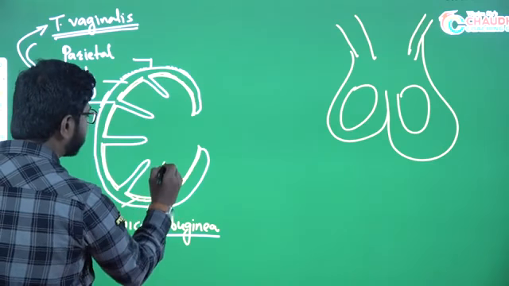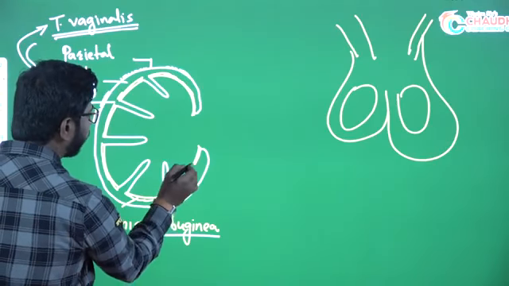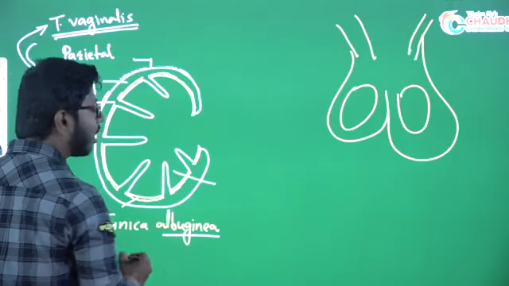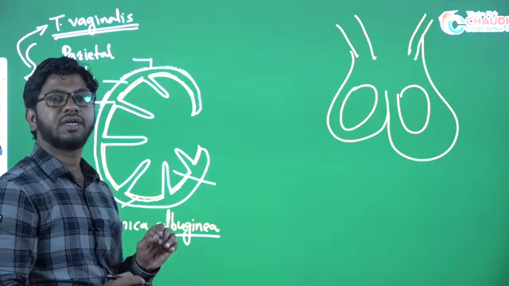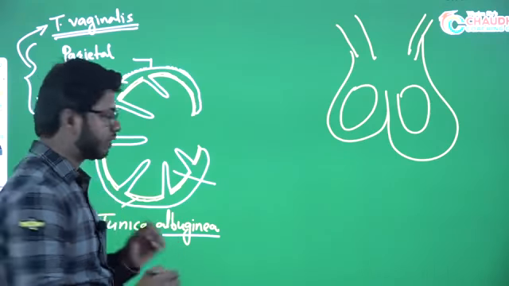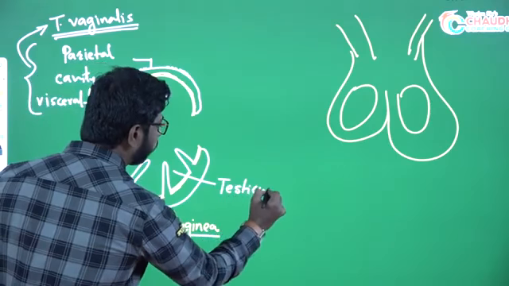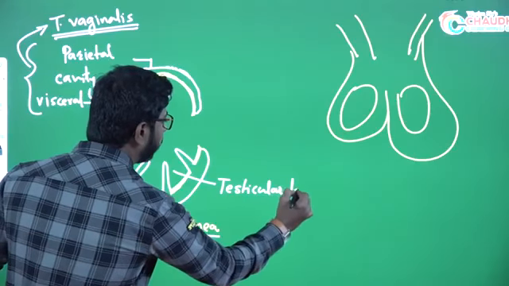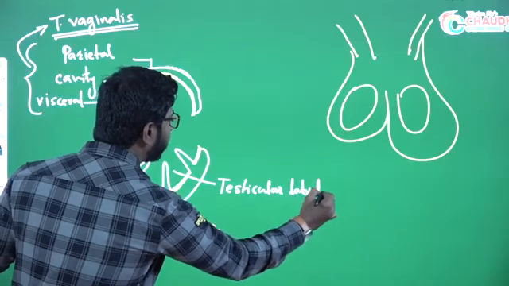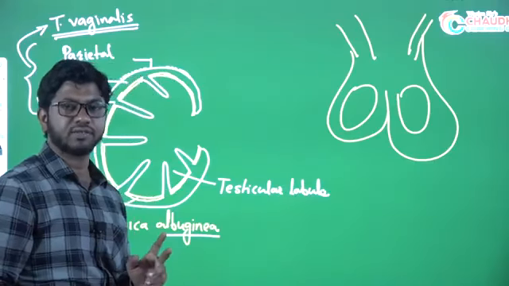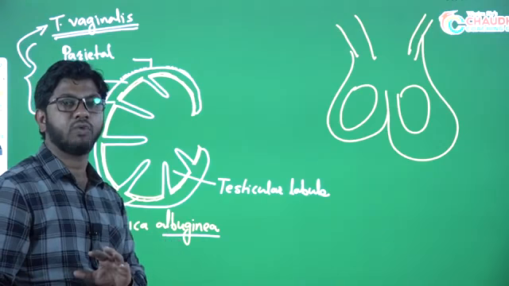Different chambers in the testis are formed, and these chambers are known as testicular lobules. So it is testicular lobule. In each testis, there are a pair of testes, but we are talking about a single one.